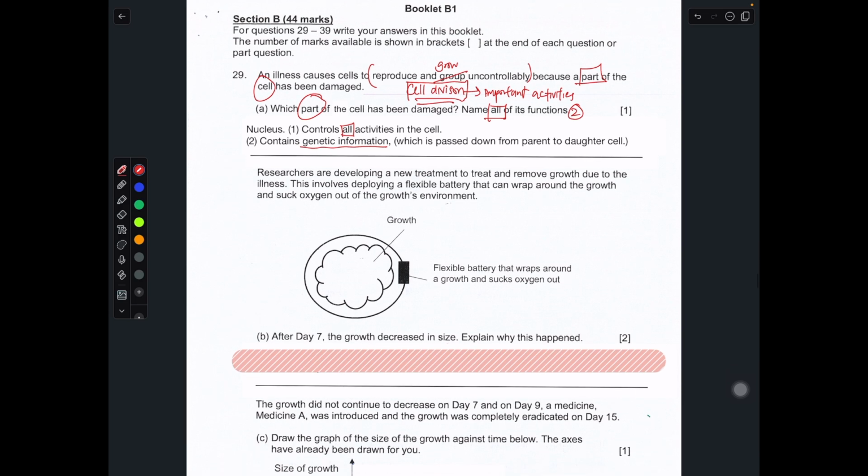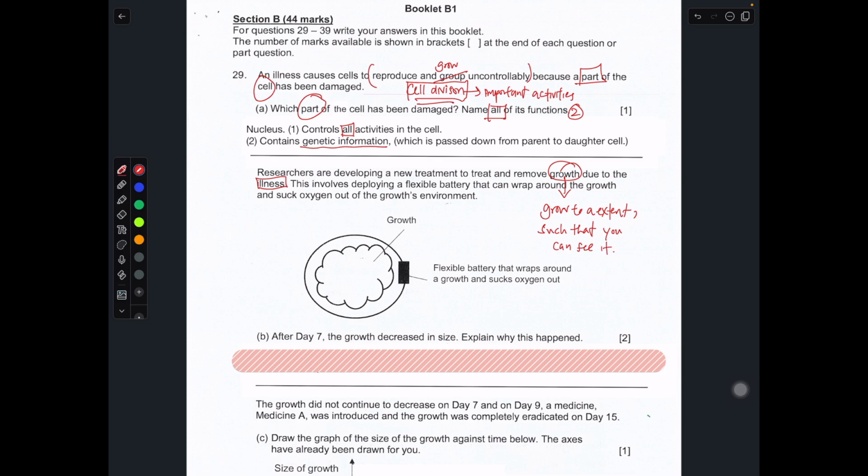Okay, researchers are developing a new treatment to treat and remove growth due to illness. Okay, this growth over here is a collective of cells, a number of cells within it, that grows to such an extent that you can see it without a microscope.